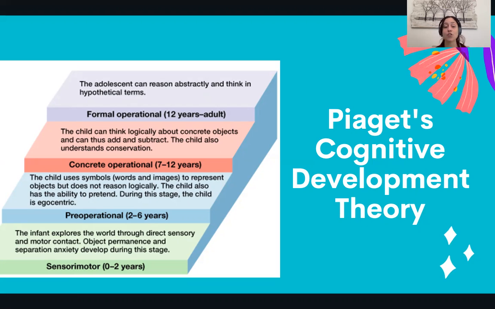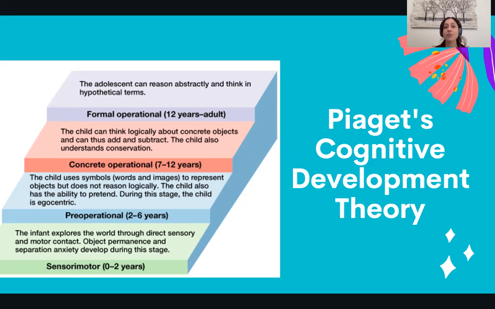Now, you might be wondering, again, like we did with the evolutionary theory, why cognitive development matters for therapy. You're not a teacher. Why do you need to know this? Well, it's important. So consider, for example, how you might approach processing a traumatic experience with a 5-year-old client compared to one who's 15.